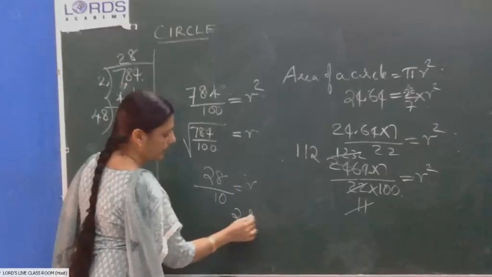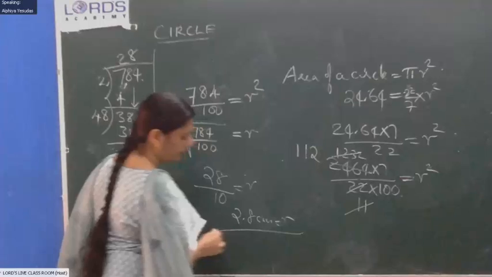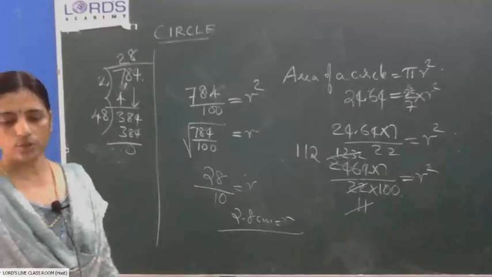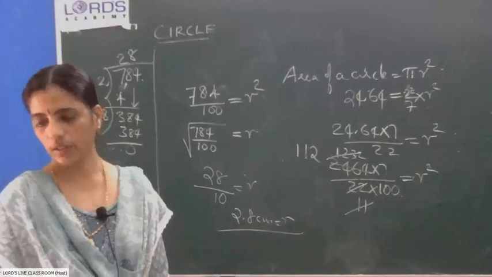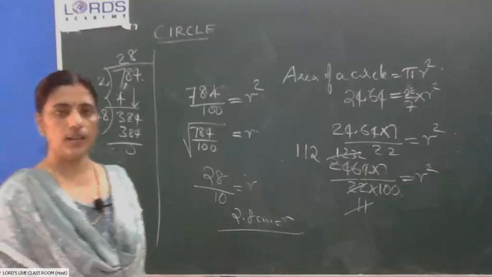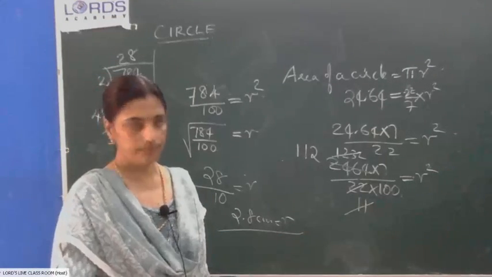So 2.8 centimeter equal to R. R you got as 2.8 centimeter. Then you take circumference formula and substitute.